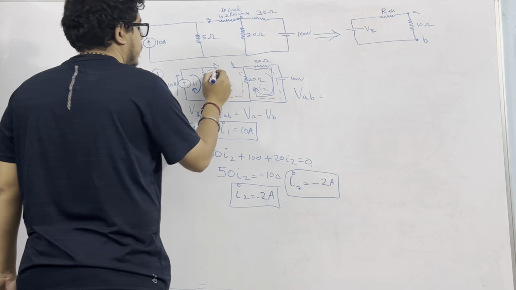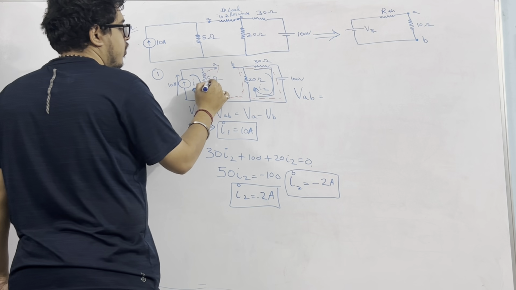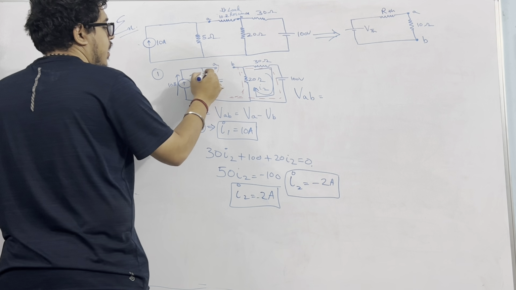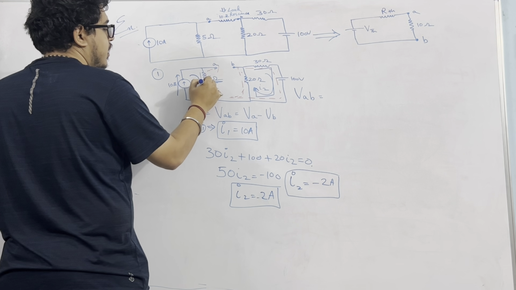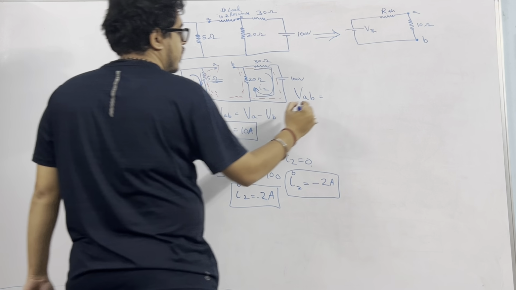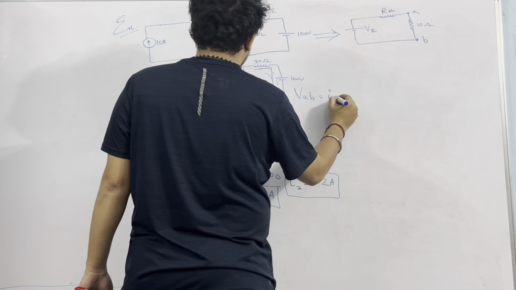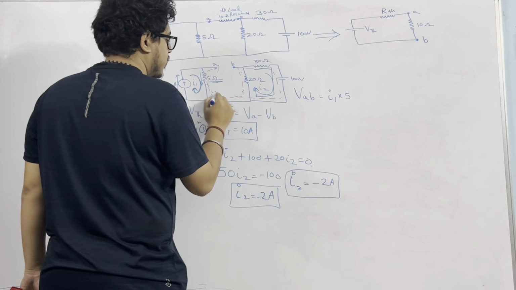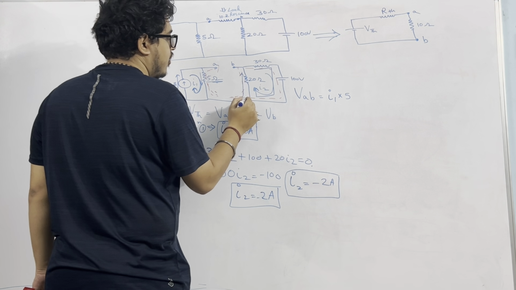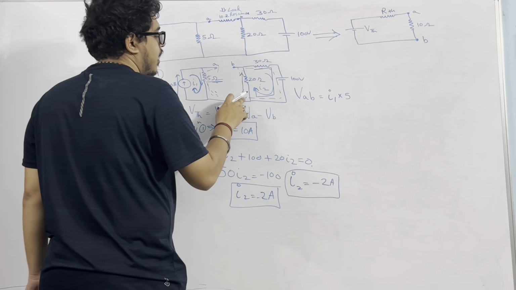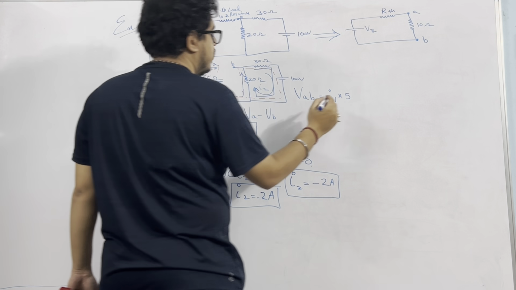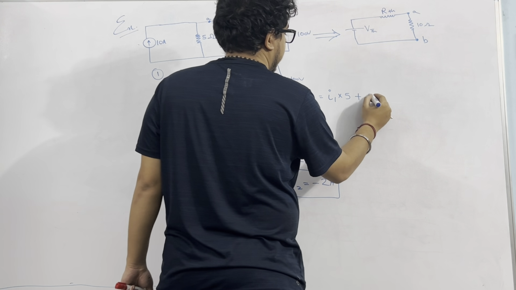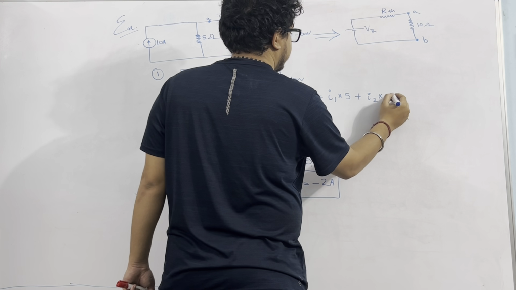Start from A, the voltage across the 5 ohm resistance. From top to bottom, only I1 is flowing, so it will be I1 into 5. And now going from down to top, positive I2 is flowing, plus I2 into 20.